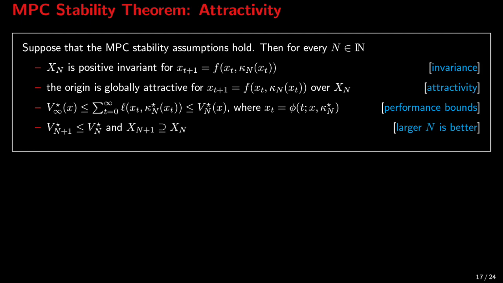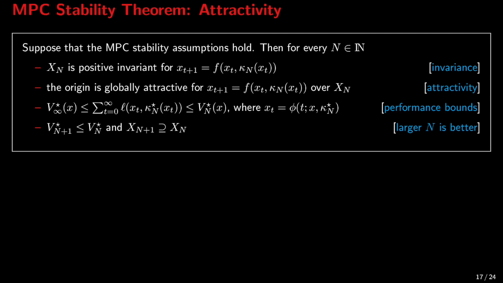The third property, the third result of the attractivity theorem, states a performance bound. We have an inequality that involves V infinity star. At first sight, this is a fantastic result. It's good that we have something about V infinity star, because it's impossible to compute V infinity star.